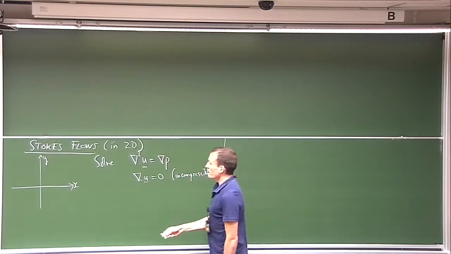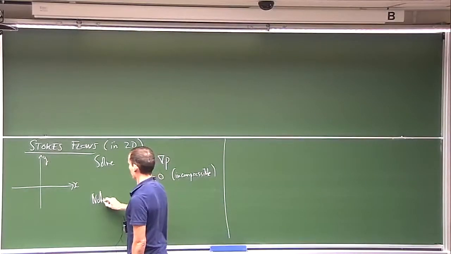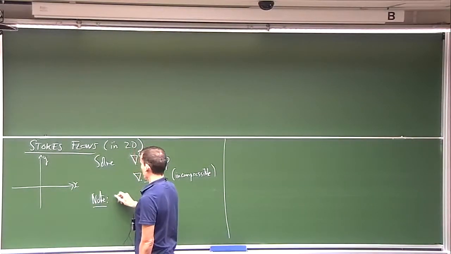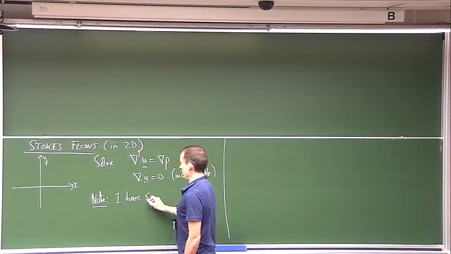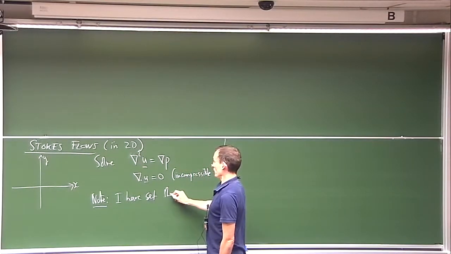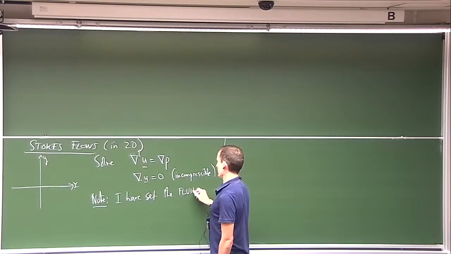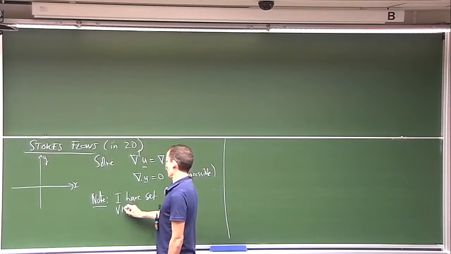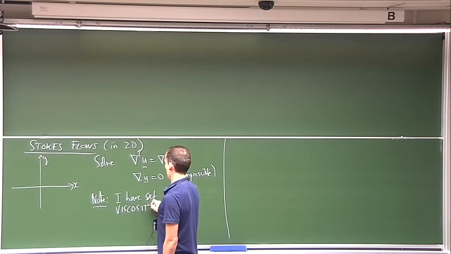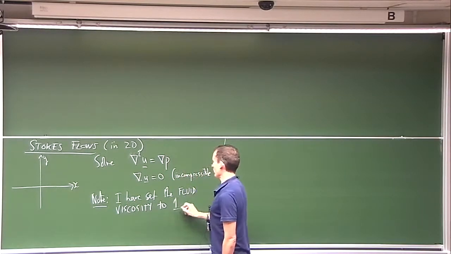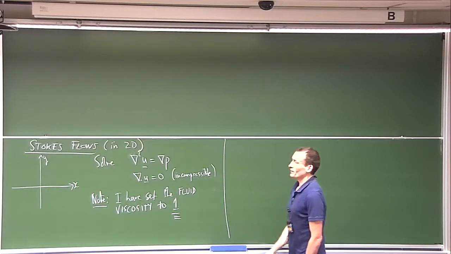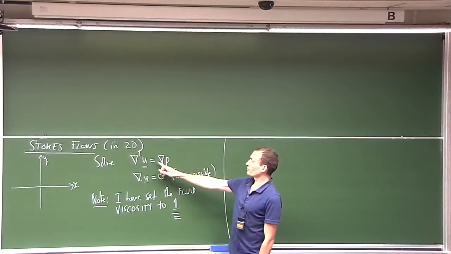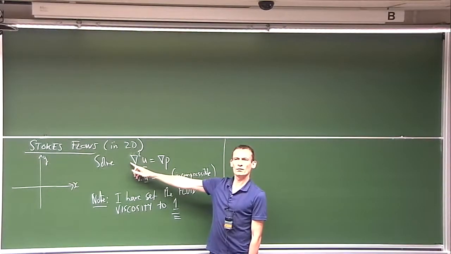And by the way, I have set in these equations the fluid viscosity, this is a very important note, to 1. Okay, so sometimes you see a mu or some parameter here. Some people put a mu here to describe the viscosity.